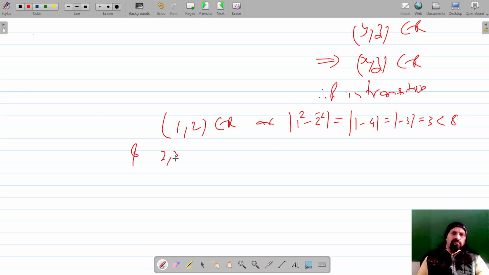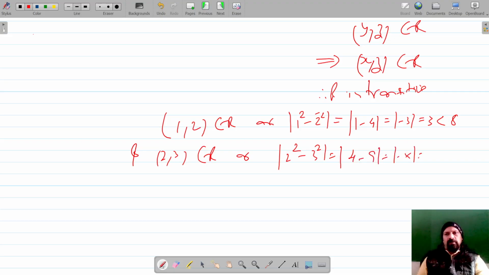And (2, 3) belongs to R, as modulus of 2² − 3² = 4 − 9, which is modulus of −5, which is 5, which is less than 8.